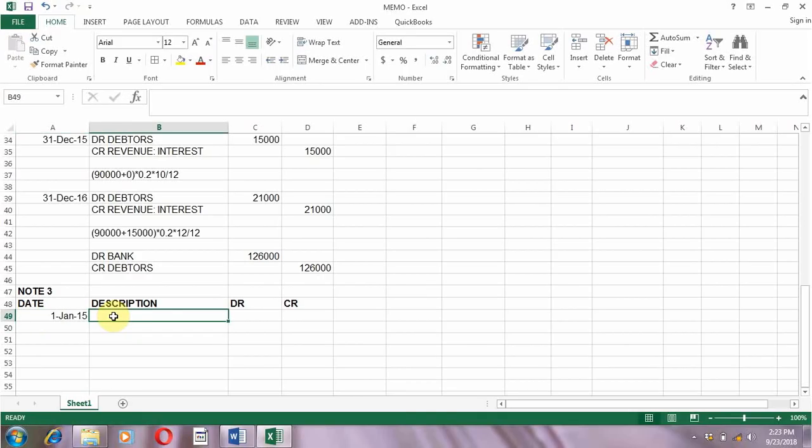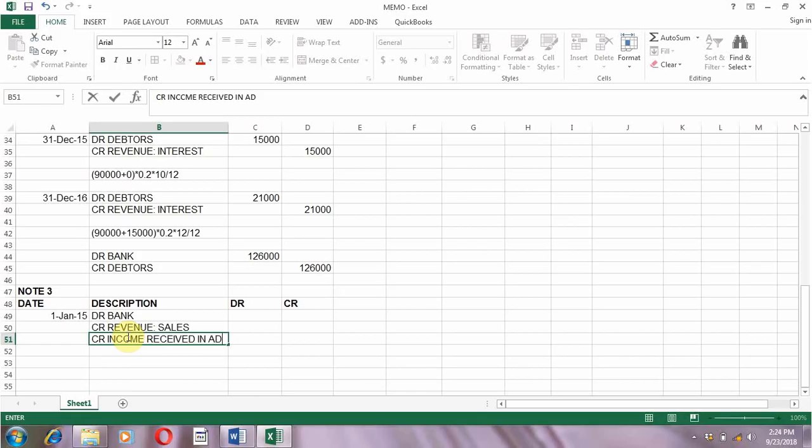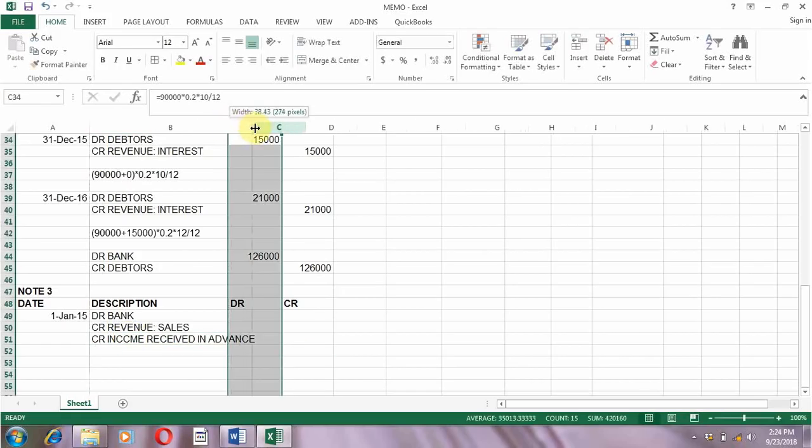I will debit, and now you will see it's bank account because the sale was for cash, and I will credit my revenue sales, and I will credit my income received in advance.